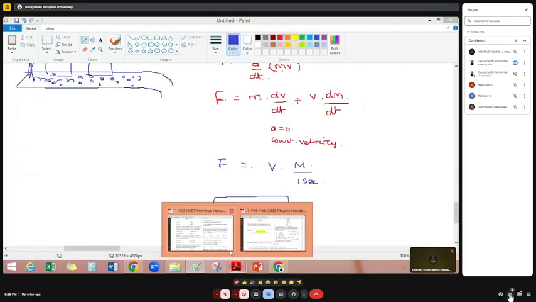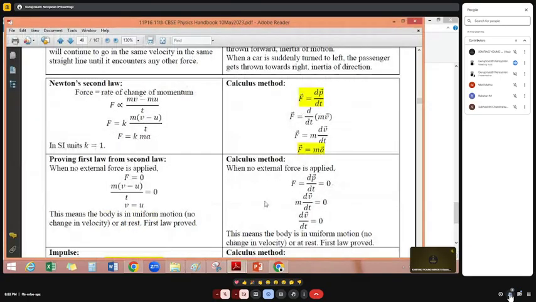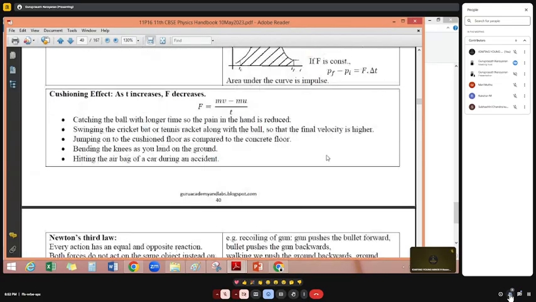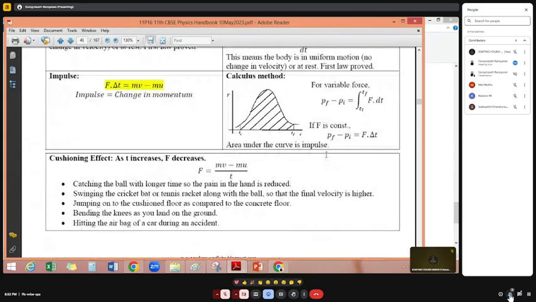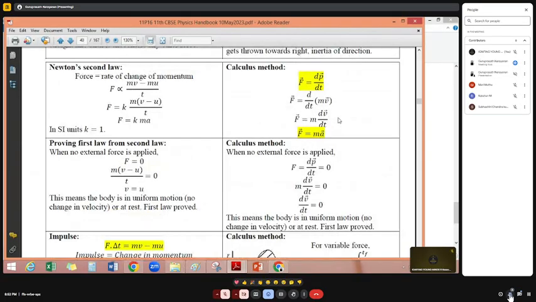The handbook, I think I have not given this concept, even though I have given. So I would recommend you to take it down properly. I forgot to give this. Maybe I'm adding it in the newer version. Okay, so here it should be like plus v into dm by dt, and I assume that m is constant.